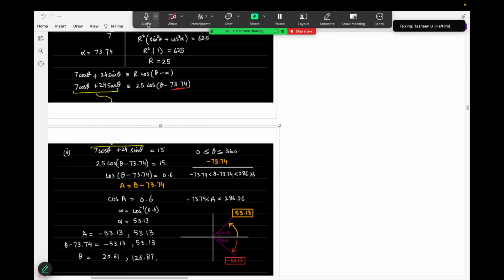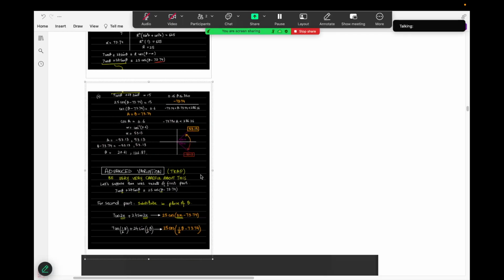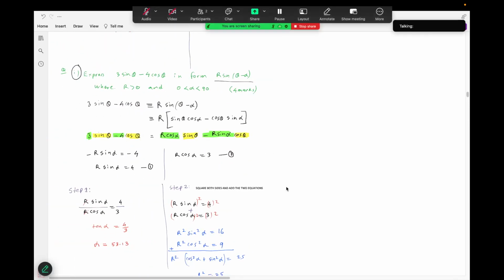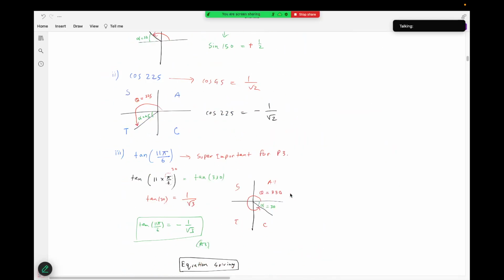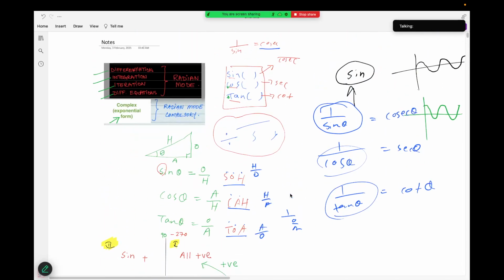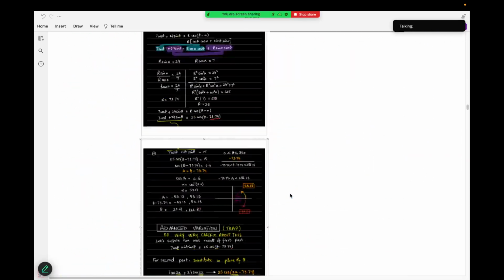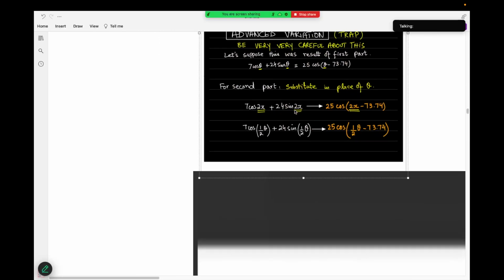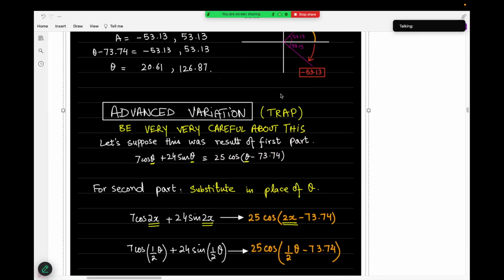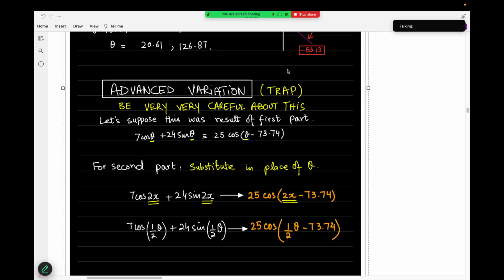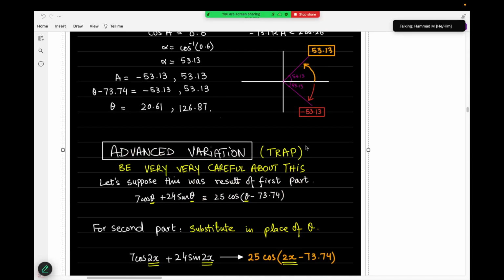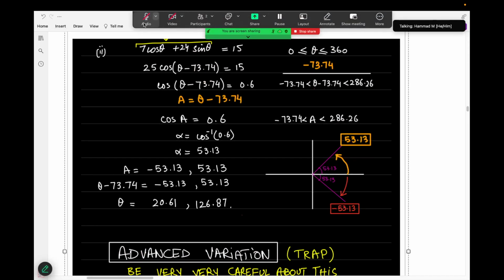Did you get them right? I got the first one right. I'm doing the second one.